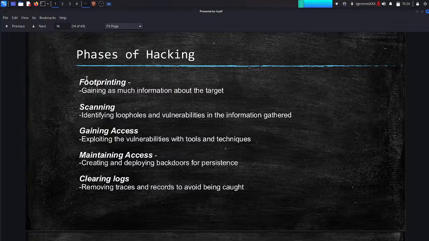If we want to gain access to a system, in footprinting we find the loopholes in the system, we gain the IP address and all. Then we do scanning, which is the process of identifying loopholes and vulnerabilities in the information gathered. All the information gathered by us, we run a scan on it and identify the loopholes and vulnerabilities.